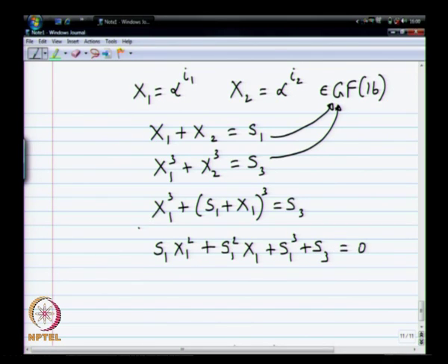So what kind of an equation is this? Quadratic, everybody is suddenly afraid. So it is a quadratic equation in x1 with coefficients from GF16.